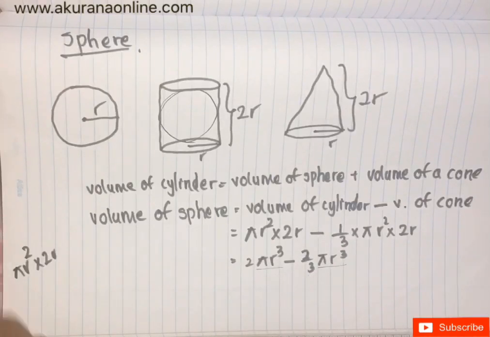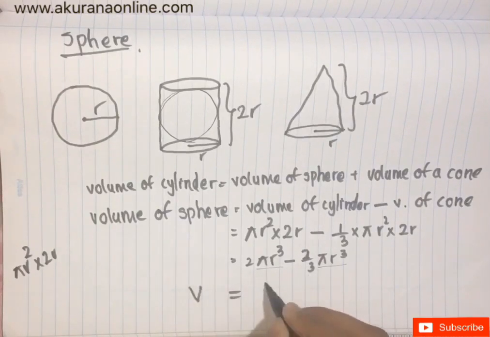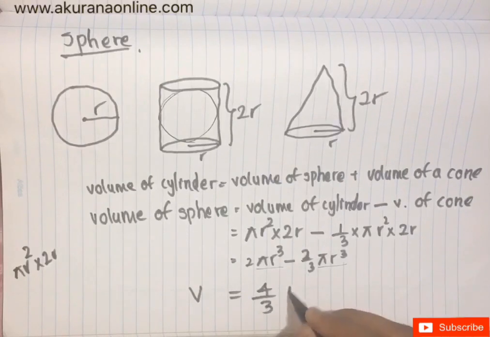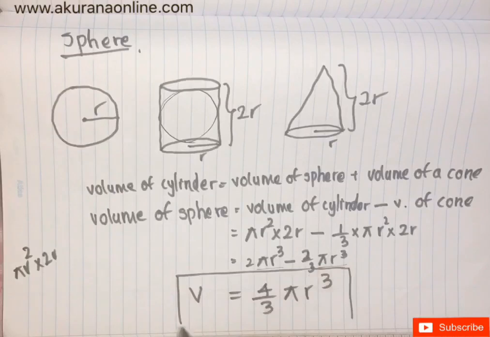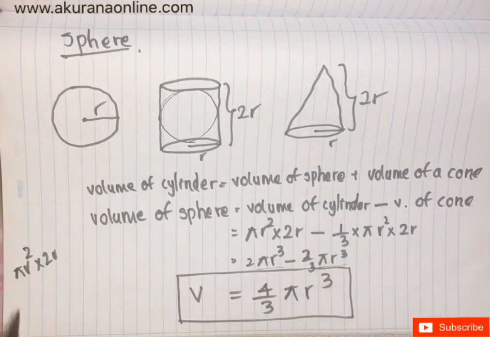That will give you the equation for the volume of a sphere, that is, volume is equal to 4 over 3 pi r cube. Are you okay with this? Now in our further calculations, to find the volume of a sphere, you can directly use the equation. Okay, I'll come to an example.